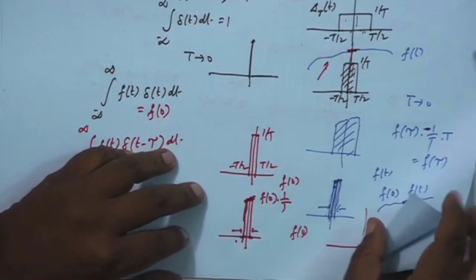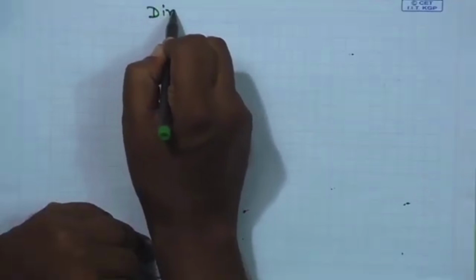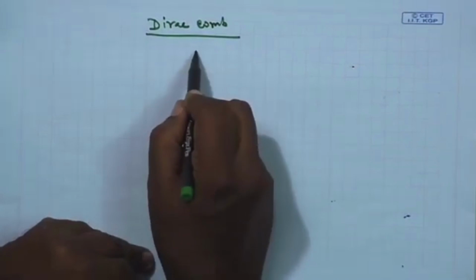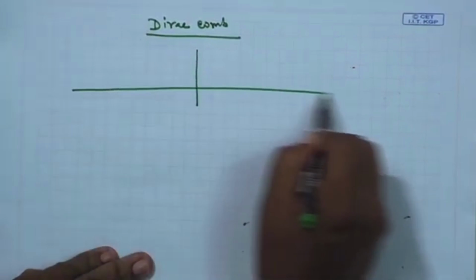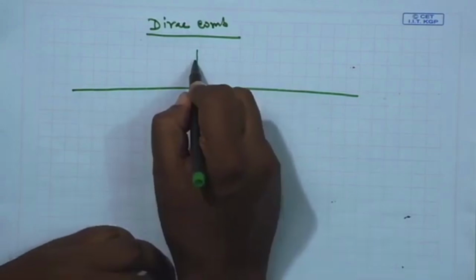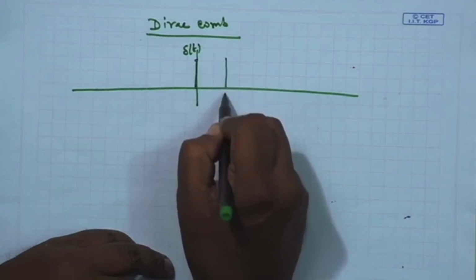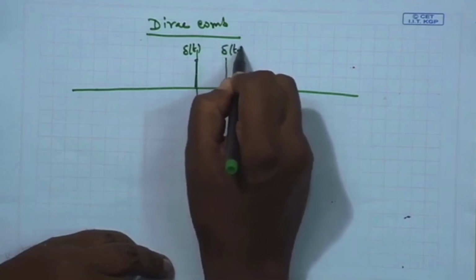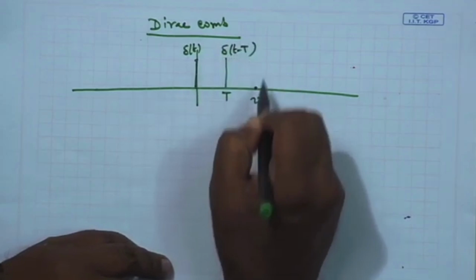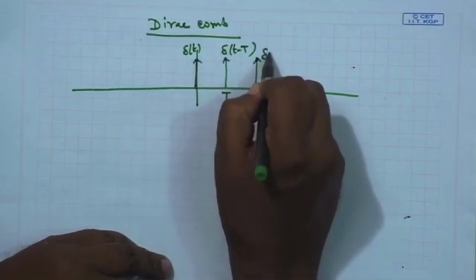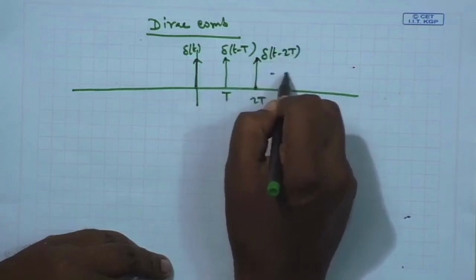Now, with these two properties, I bring something very interesting, which is called the Dirac comb. Suppose I have a periodic train of impulses. This is delta(t), then at a gap of capital T you have delta(t minus T), then at 2T you have another impulse, and so on.